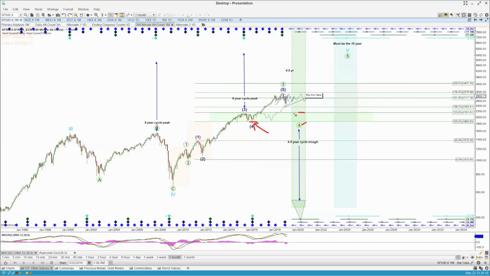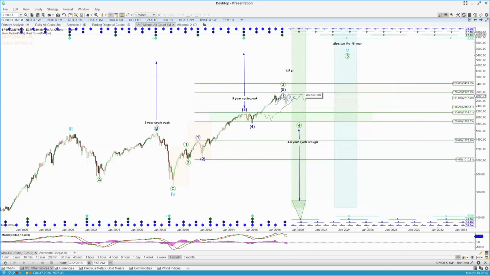So that means that this here is where I'm looking for in terms of both time and price for the wave 4 to complete, looking for it to come down here on this chart. After which, this is where we are right now in the S&P 500.